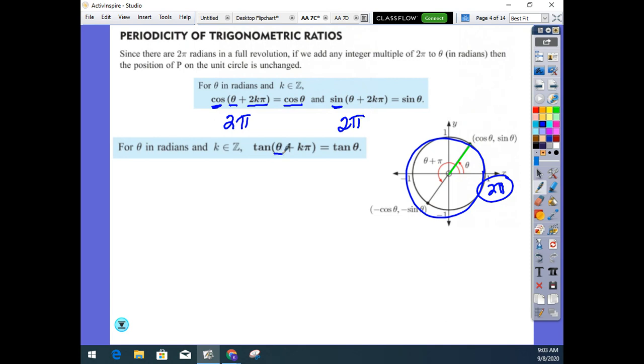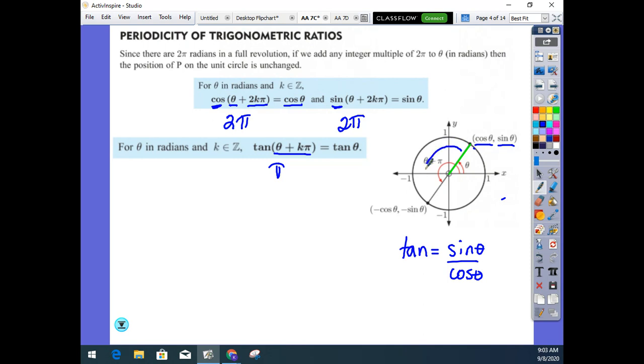Why do you think tangent is pi? Because if tangent is sine over cosine, that's this coordinate here.